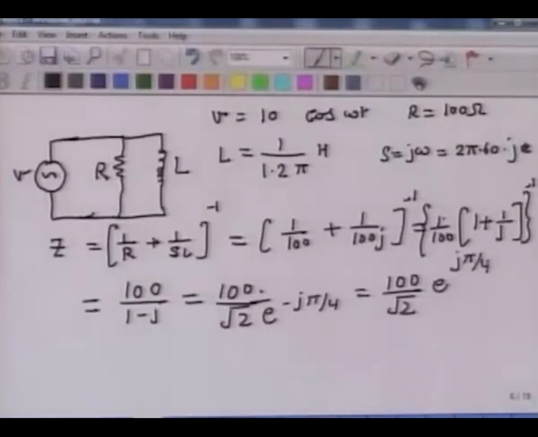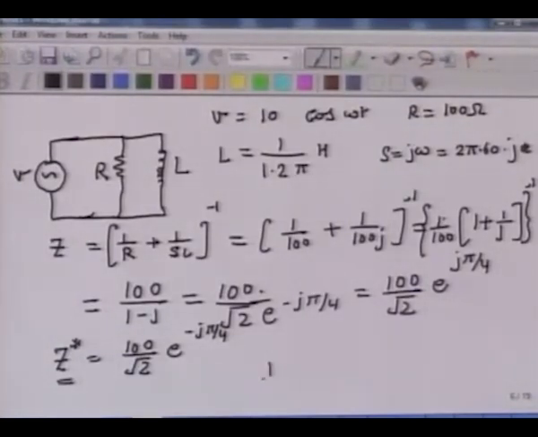So my Z star, the complex conjugate of Z, is 100 over root 2 e to the minus j pi over 4. Now I can use Z star to evaluate what I star is.